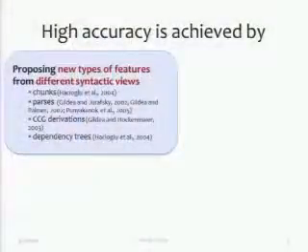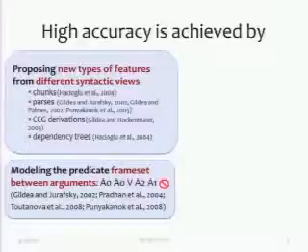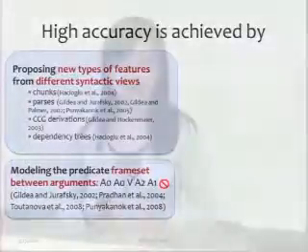semantic role labeling task. In the supervised learning context, high accuracy of semantic role labeling systems is achieved by, first, proposing new types of features from different syntactic views, such as chunks, parses, CCG derivations, or dependency trees. Secondly, modeling the predicate frame set between arguments, so that some illegal predicate sequences are eliminated from the prediction.